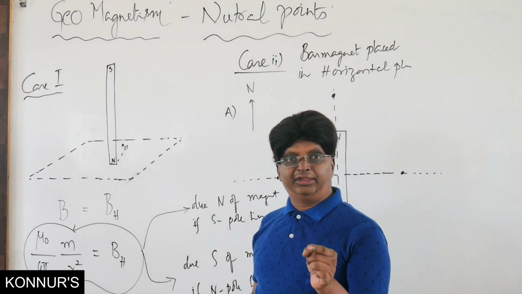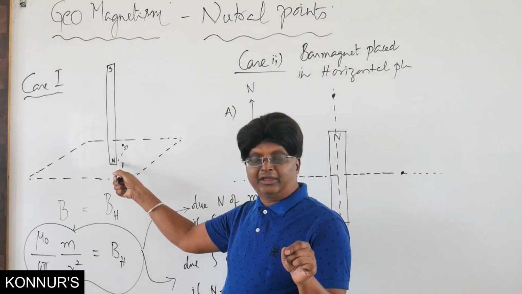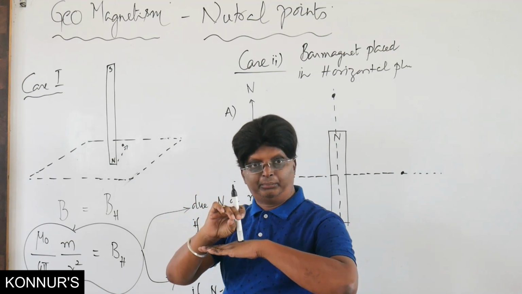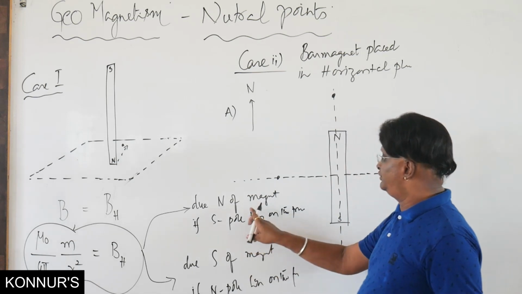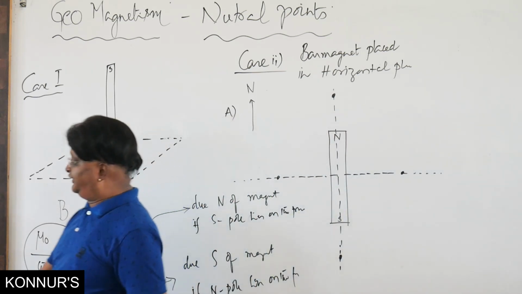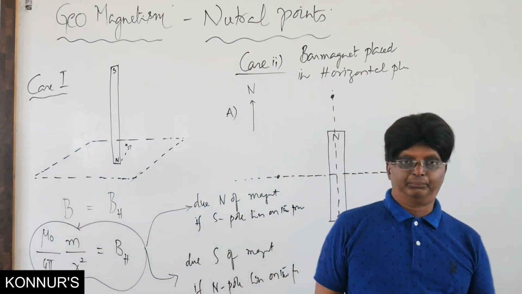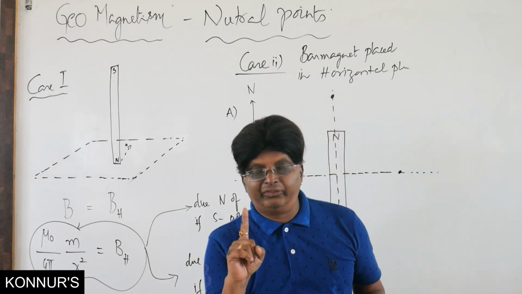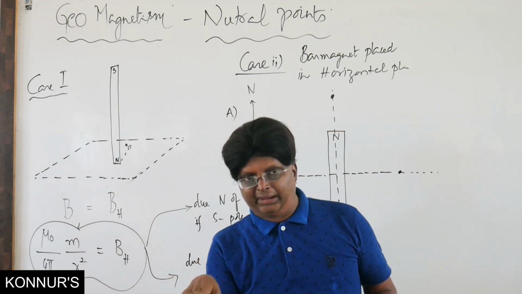So the location is to be determined with careful observation of which pole is lying on the horizontal plane. That is the important case for the location, along with the mathematical condition. Now, this is the case of a long magnet we have taken and placed on a horizontal plane. And how many null points do we get? Remember, only one null point, which lies on the horizontal plane.